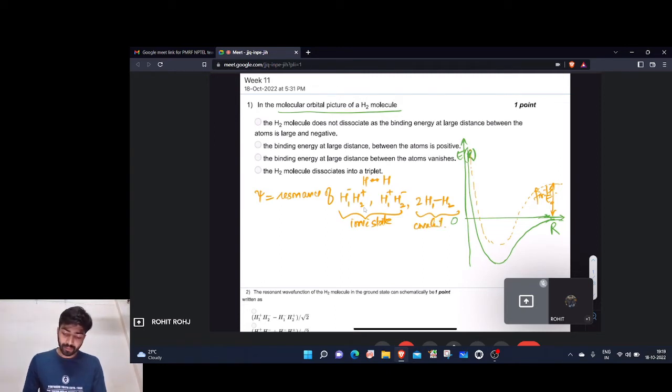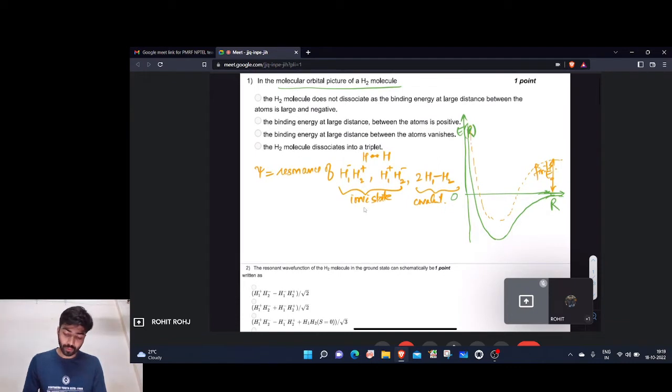Even at large distances for the hydrogen molecule, these states remain intact, because if the distance between the two atoms is increased, H minus and H plus are still present in the system, and in the same way H1 plus and H2 minus will be present.